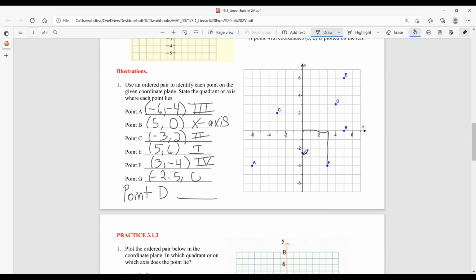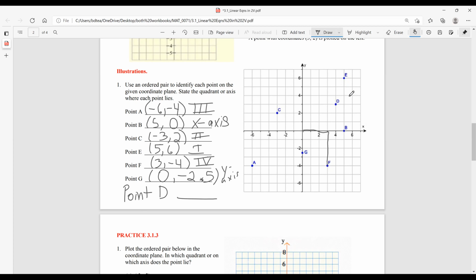The x coordinate is 0. In the ordered pair, you always indicate the x coordinate first. So the x coordinate right here is 0, and the y coordinate is -2.5. And that point is on the y-axis.